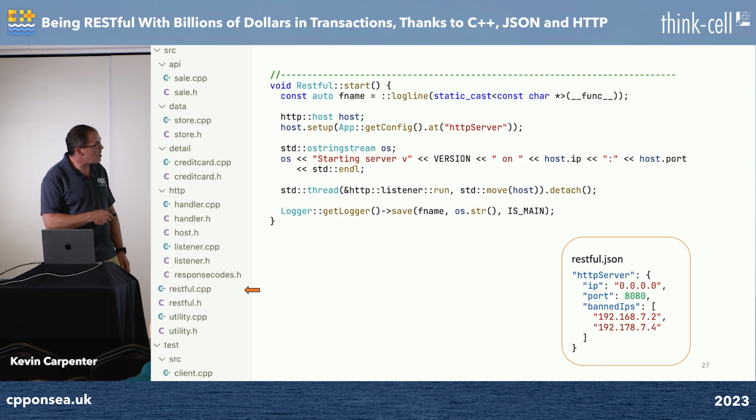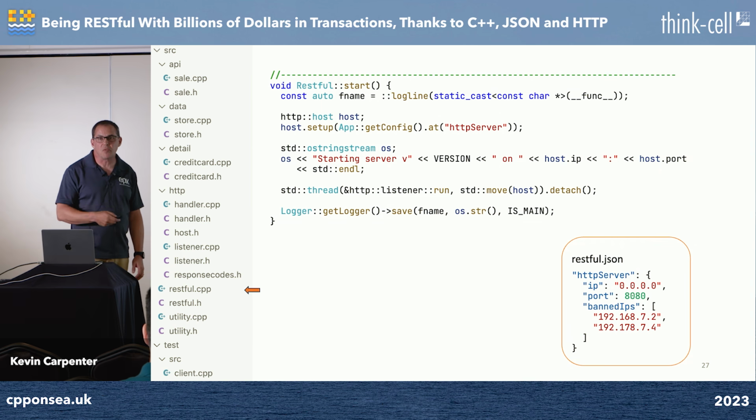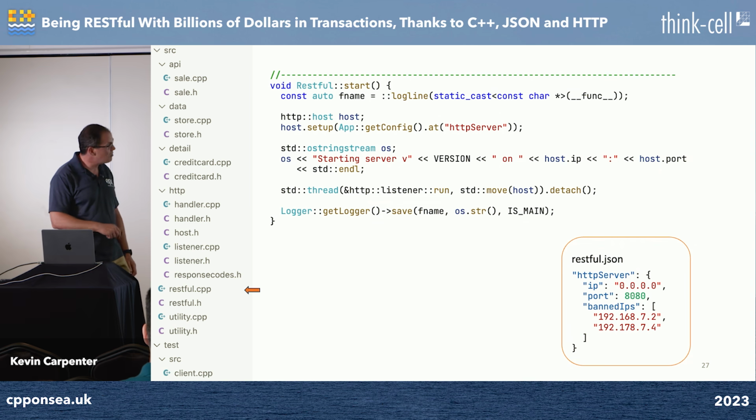We then start the HTTP listener run. We pass in the host from the structure there, and then we're going to detach. So we're doing the start here, and we detach when we start the thread, which is also why we have that idle running, because when we do the detach here, the idle will keep the binary from exiting.